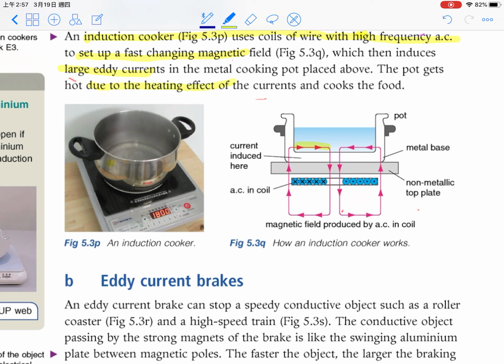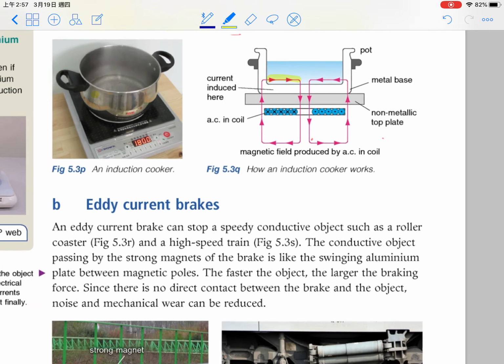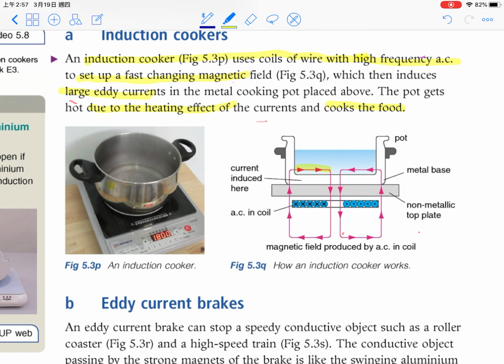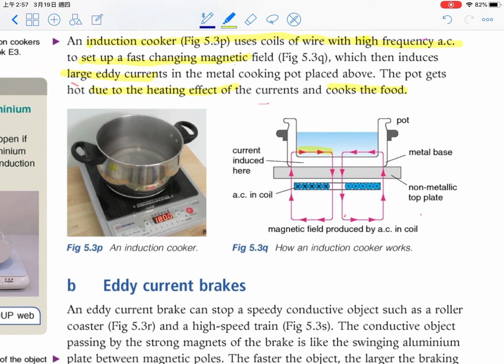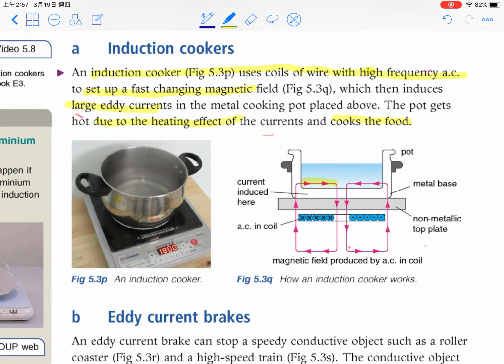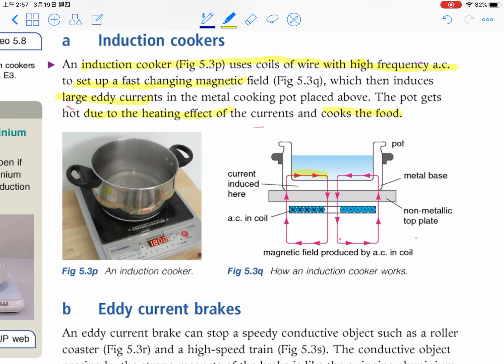So a large eddy current would have a large heating effect. We can cook food by conduction. However, we cannot use an insulating pot for the induction cooker. Otherwise, no induced current will flow in the insulator.